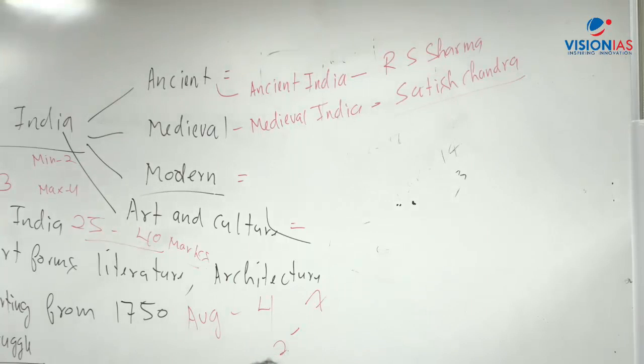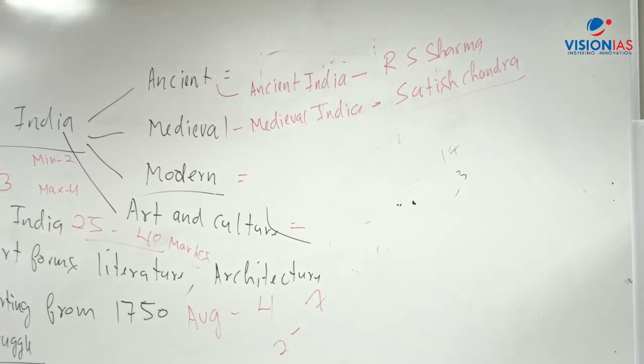So first you will see the last 20 years' papers. When you see them, you will get a hold of what has been asked from the medieval section, and accordingly you selectively read from this section.